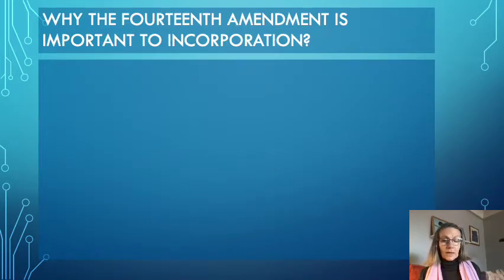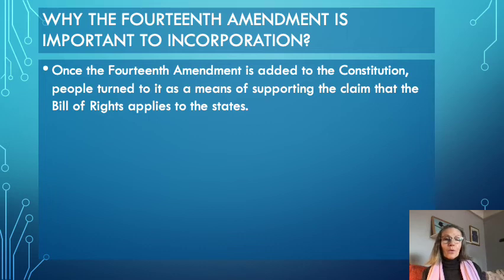Now, as we know from the last lecture, once the 14th Amendment is added to the United States Constitution, people turn to it as a means of supporting the claim that the Bill of Rights applies to the states, right? So it's like Barron happens. It's like, hey, the Bill of Rights doesn't apply to the states. The Civil War happens, so the 14th Amendment is added to the Constitution, and it renews people's efforts to say, wait a second.